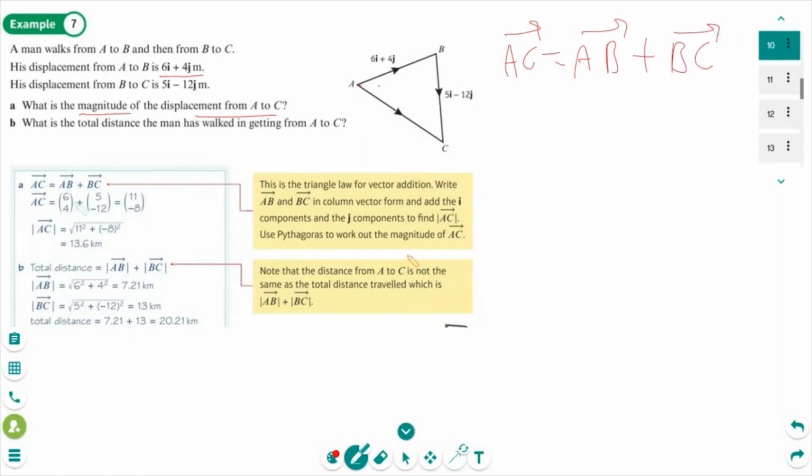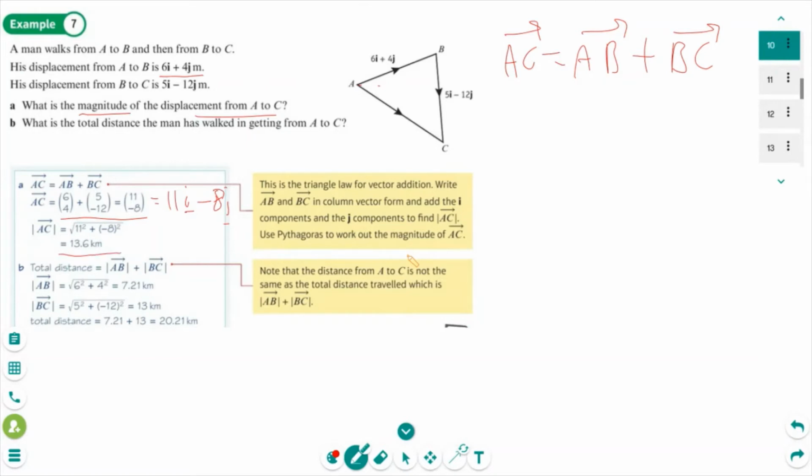That's the displacement from A to C. You can think of it as the same thing as saying 11i minus 8j. To work out the magnitude, you need to do Pythagoras on it. So you do Pythagoras, and that's the magnitude of the displacement.